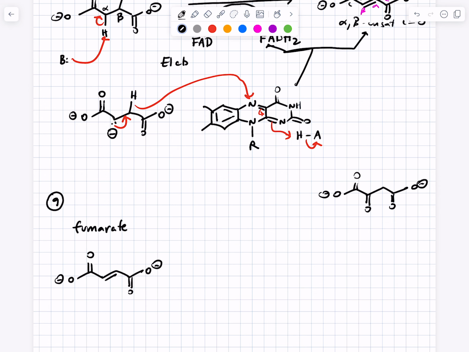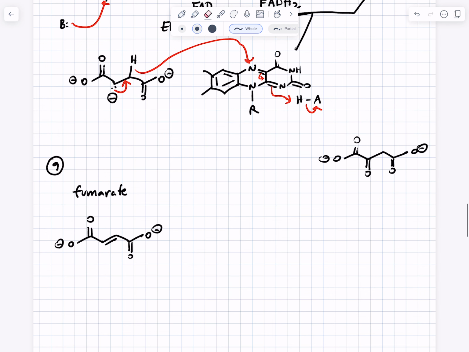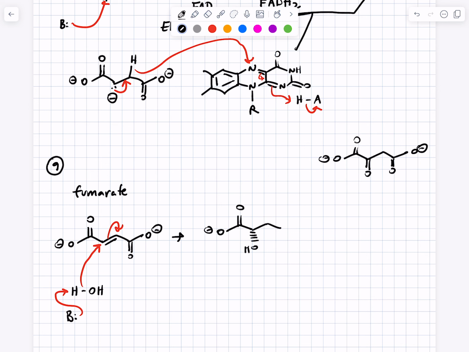The enzyme controls the stereochemistry and the location of the addition. Basically, nature will generate hydroxide in an enzyme active site like this. Then hydroxide will attack this beta carbon from below to generate an intermediate that looks like this. Here's the new hydroxide on the second carbon.